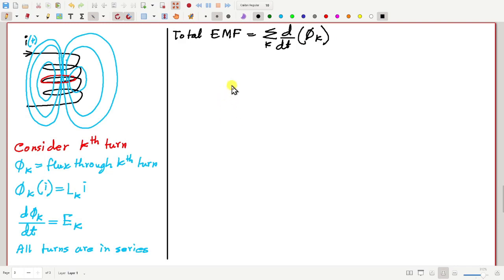Now, if I assume that the same amount of flux goes through all the turns, and n is the number of turns, then we can write this EMF as d dt of the sum of phi k, which is n times phi, d dt of that.